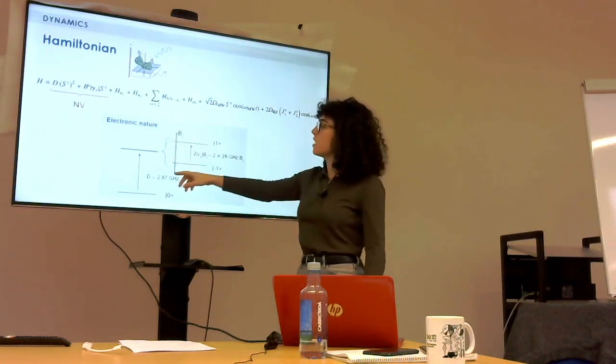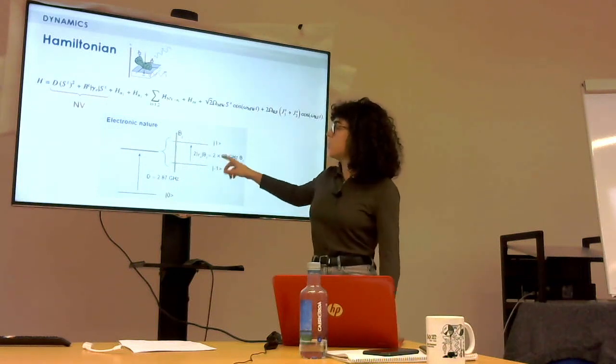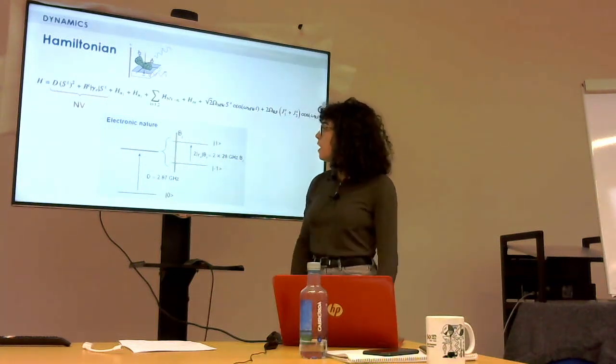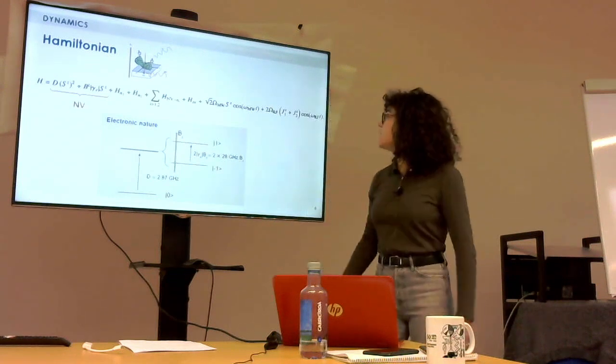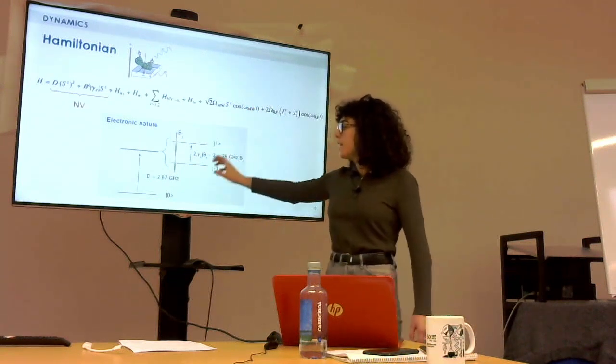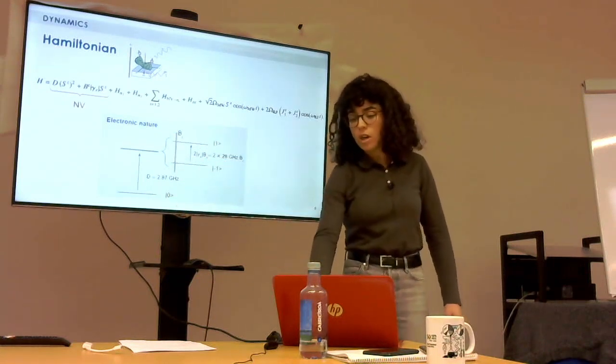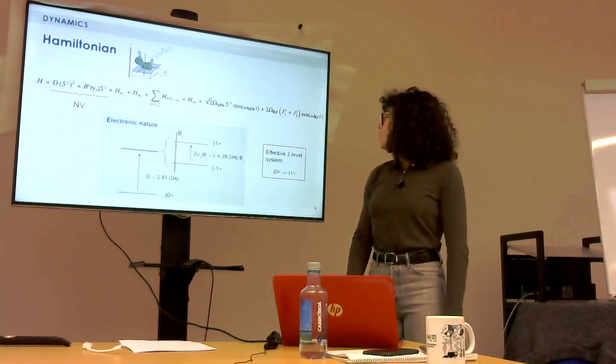When we apply the external magnetic field, we obtain this splitting between these two states. So when we set the frequency of our driving to match the energy gap between the zero state and the first state, we obtain an effective two-level system.